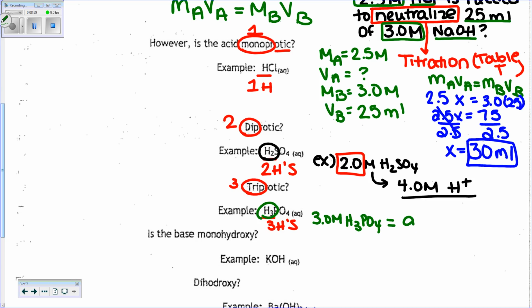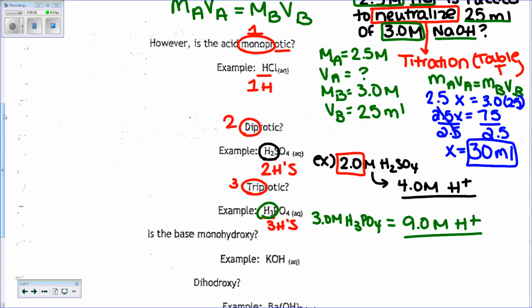That means I have 9.0 molar H+ concentration. So notice that if I have more than 1 H, I'm multiplying my molarity by the number of H's. So it does matter if something is monoprotic, diprotic, or triprotic. You've got to pay attention to whatever number they give you. You've got to manipulate it.